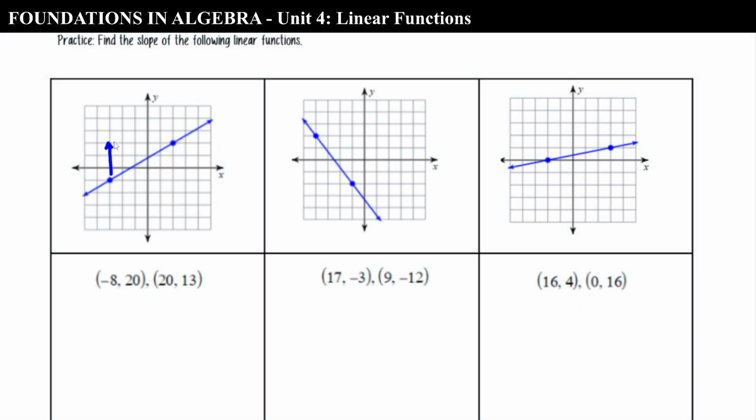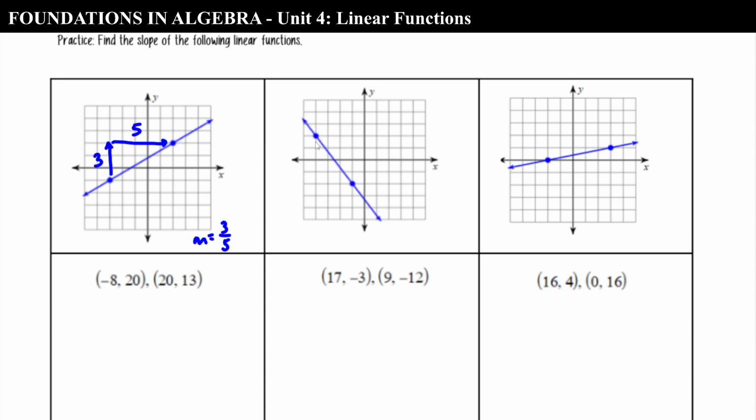So whenever you are presented with your choice of methods, always go with the easier, okay? So we have a rise of 3 and a run of 1, 2, 3, 4, 5. So our slope here is 3/5. All right, let's check out this one.